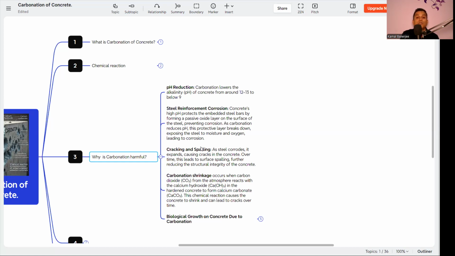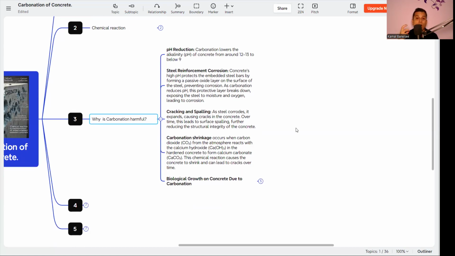So what is happening if the pH reduces below 9? Then the steel reinforcement corrosion will start. Why? Concrete's high pH protects the embedded steel bars by forming a passive oxide layer on the surface of the steel. This high alkalinity of the concrete helps us reduce the corrosion of the reinforcement, because it makes a protective oxide layer. Whenever the pH lowers due to carbonation, this protective oxide layer breaks down.